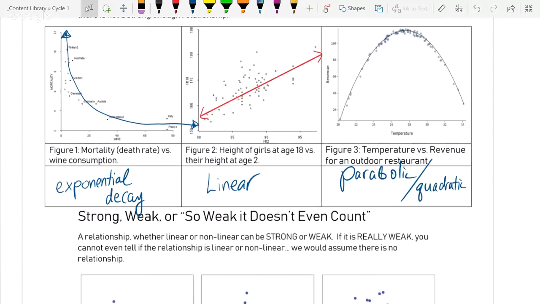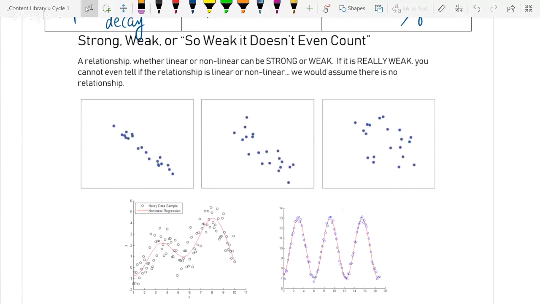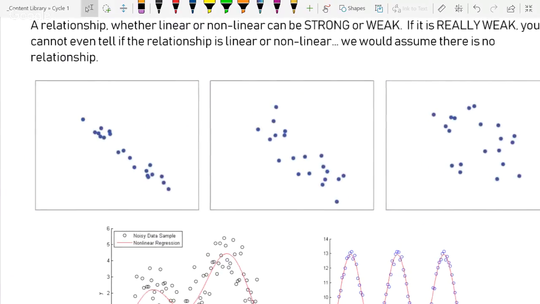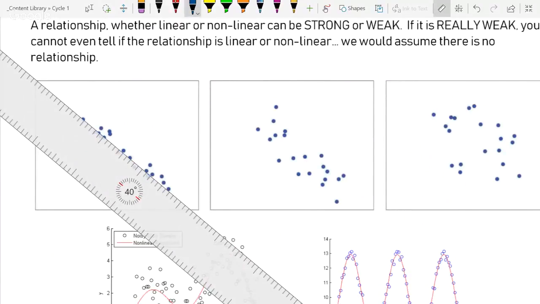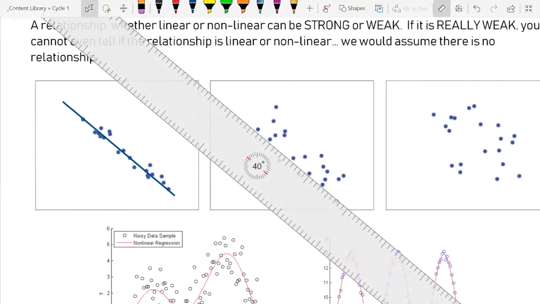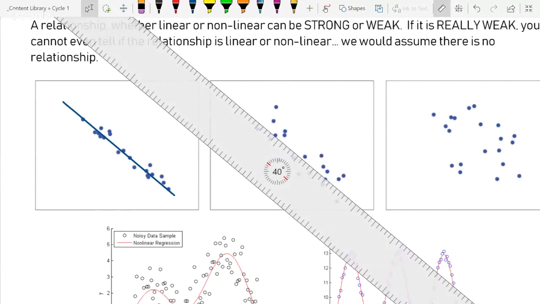So we have 3 basic kinds of relationships we are going to deal with here. But we also have strengths of relationships. Like this here, these are all basically linear relationships. In fact, I made them so that you can draw basically the same line between them.